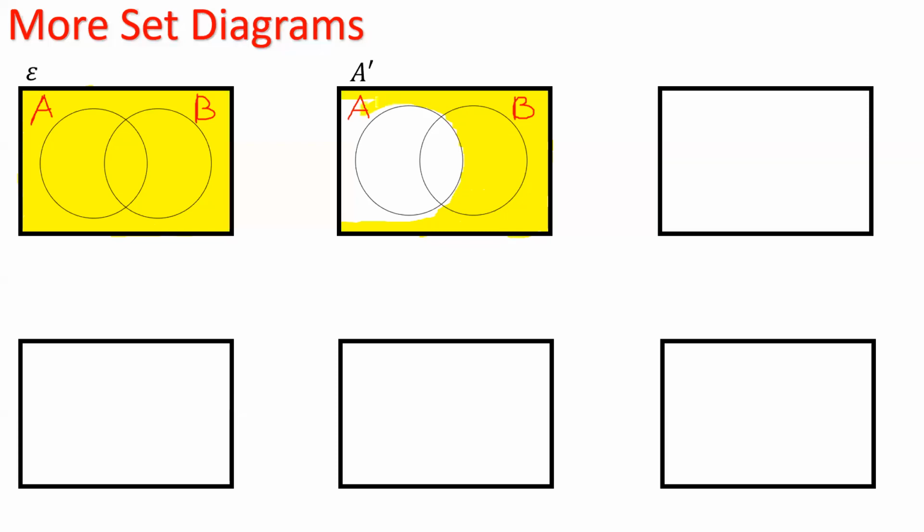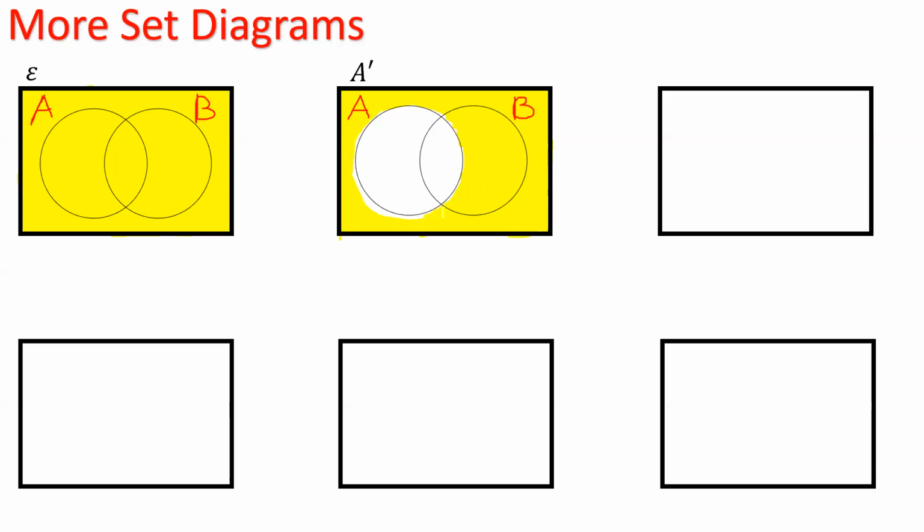So you do not want to include A. You don't want to include A. So don't include A. So a complement, that's what we call it.